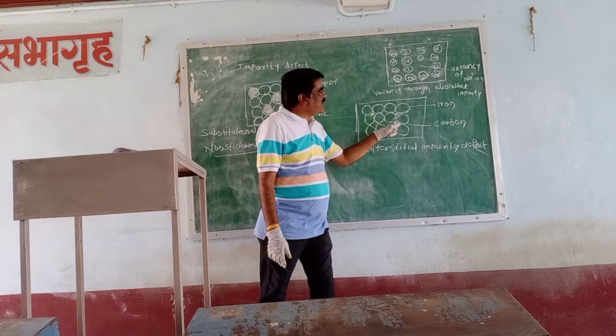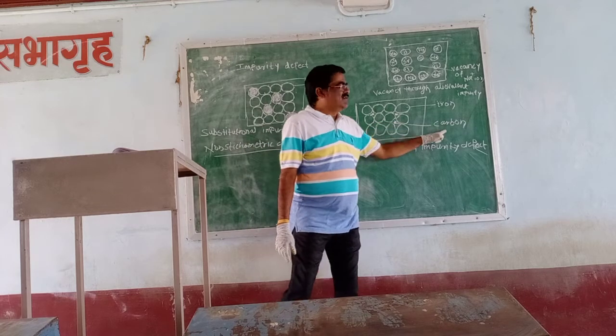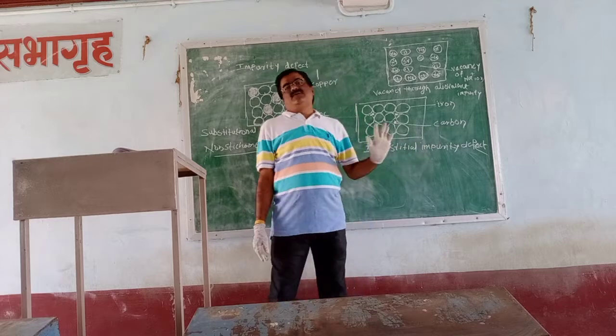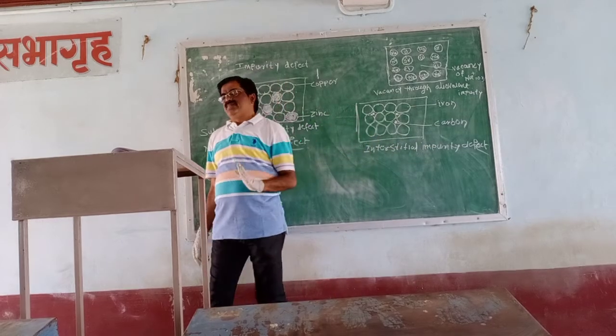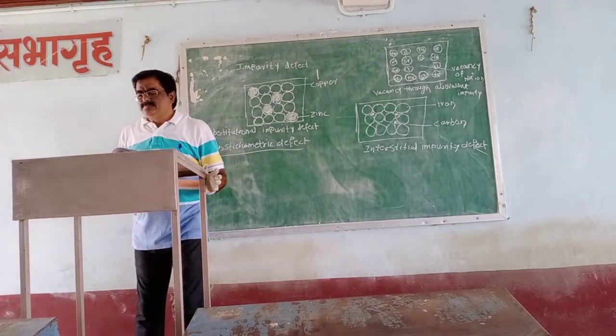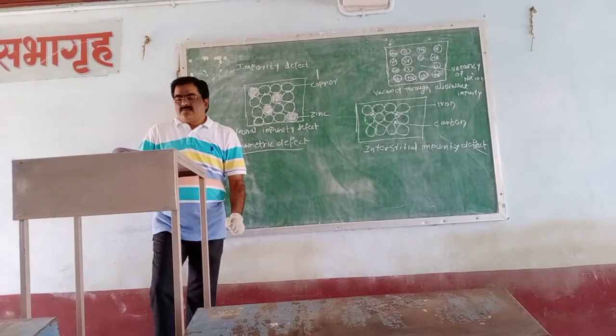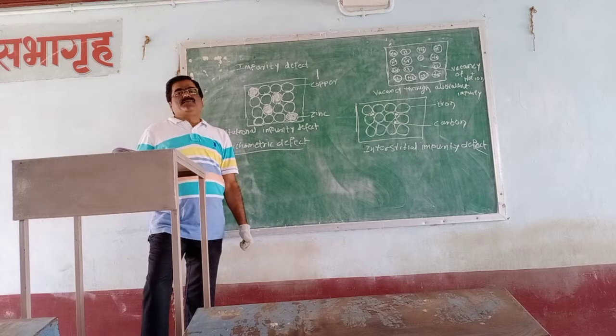That space is occupied by the carbon and such type of defect is called as the interstitial impurity defect. हे झालं आपल्याला इम्प्युरिटी डिफेक्टचं.